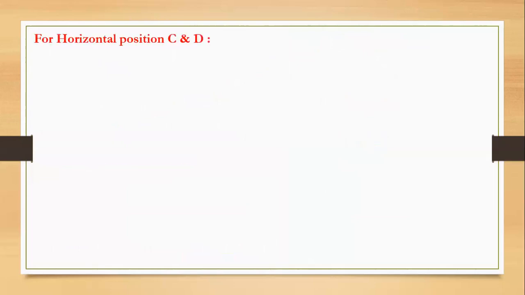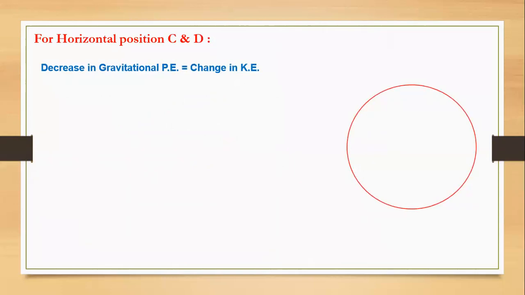Now after that, we have to consider the horizontal position. Similar dynamics we have to use: decrease in gravitational potential energy is equal to change in kinetic energy. Now how much potential energy is decreased? At the top point, the potential energy is mg into 2r, meaning 2mgr, and at this point the potential energy is mgr.